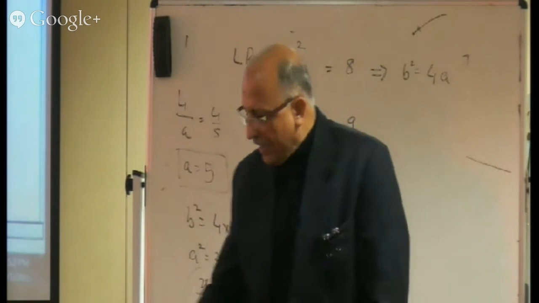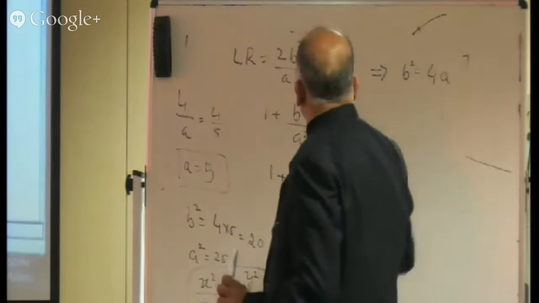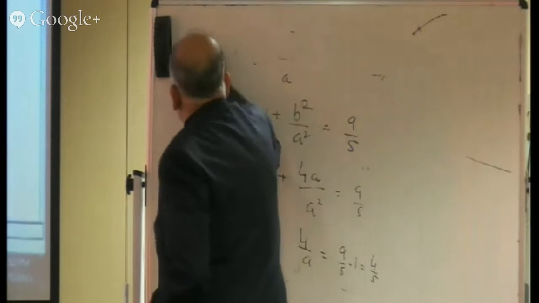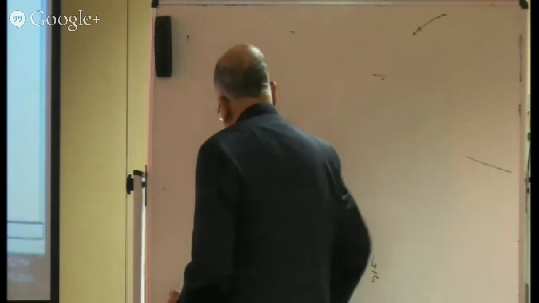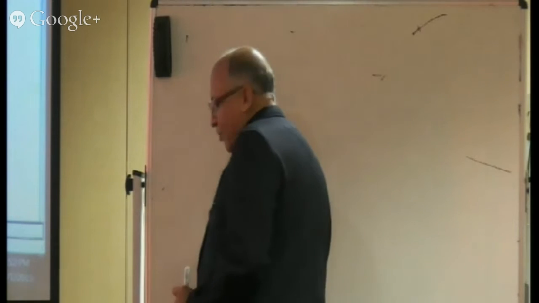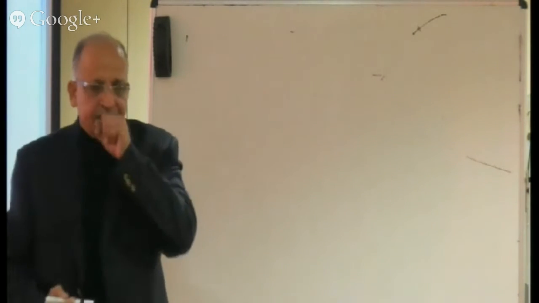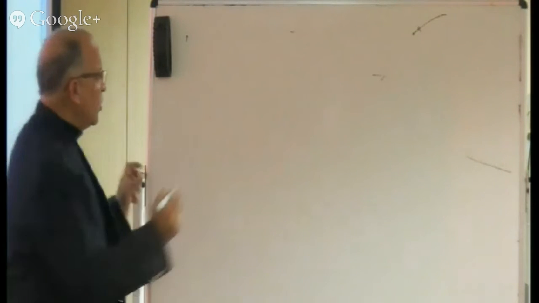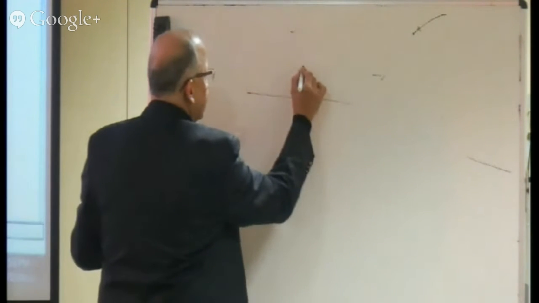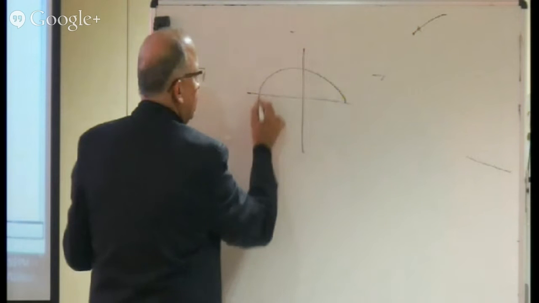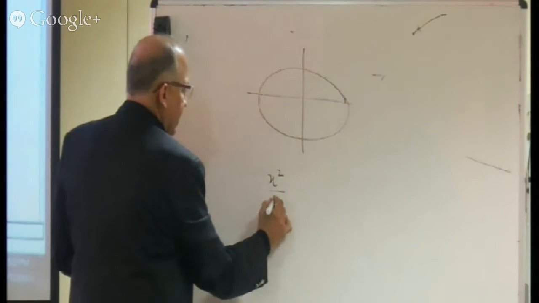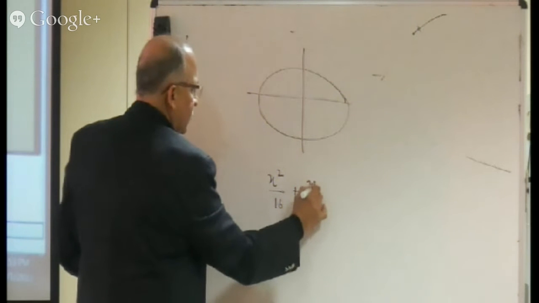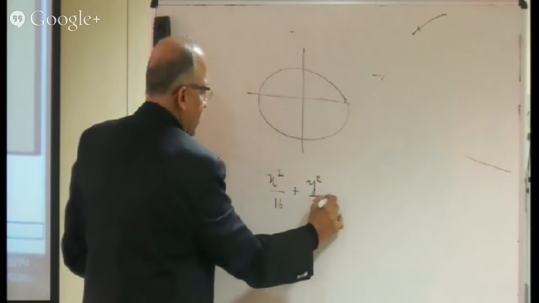For example, I tell you, though we are discussing hyperbola, the scope is not restricted to that. Suppose you are given an ellipse. Equation is x square upon, say, 16 plus y square upon 9 equal to 1.